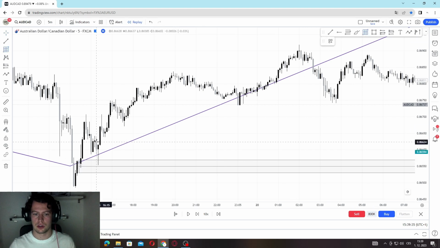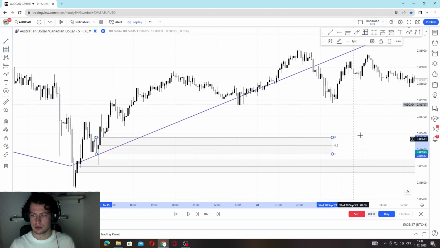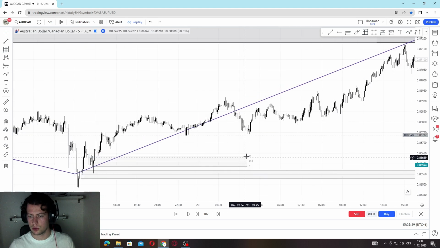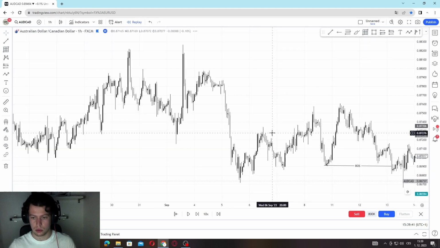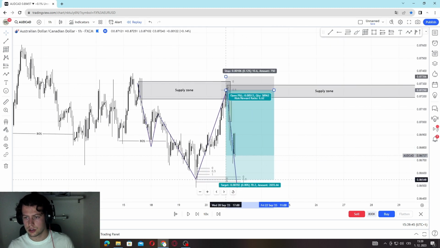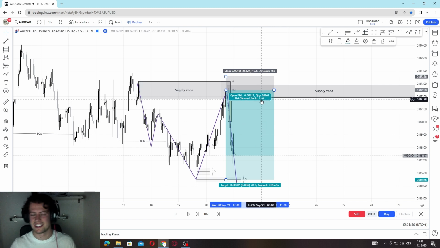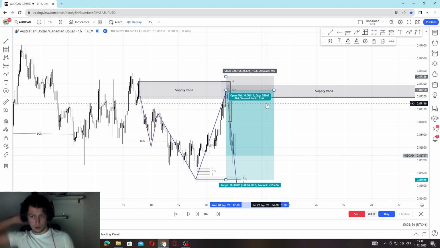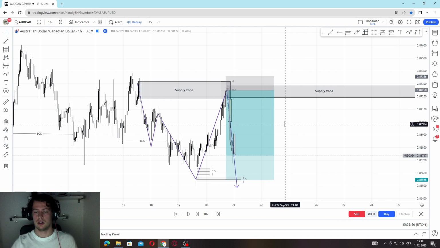Also we have another demand zone right here, so I would target these zones. So you have a 6.62 risk to reward ratio, and that's all.